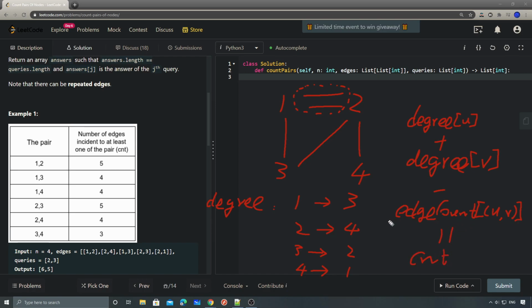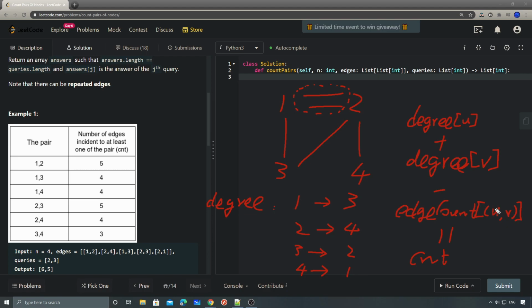right? So which means that first we have to process the edges. And then for each of the nodes, we'll calculate its degree separately, and then we're also going to maintain the edge count for any pair of the nodes here.